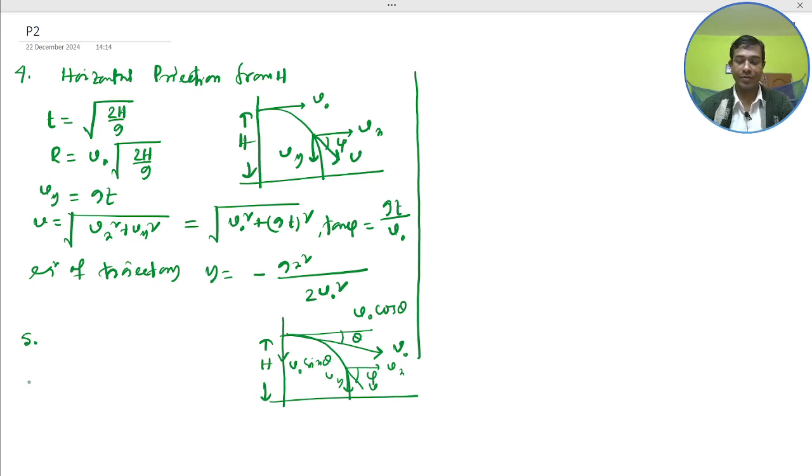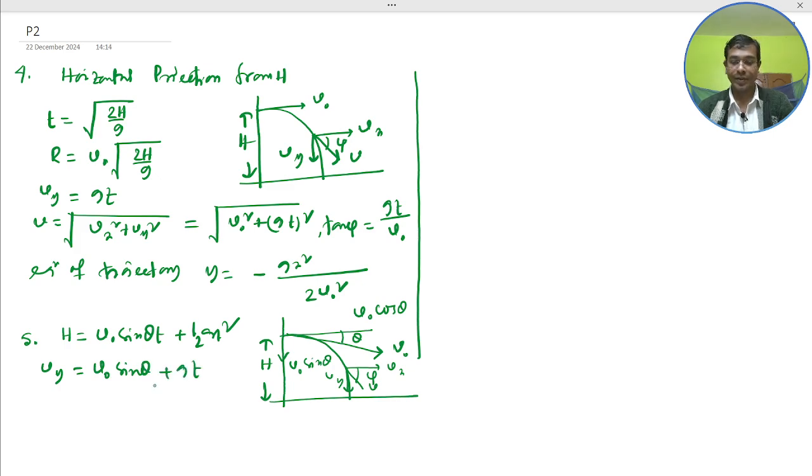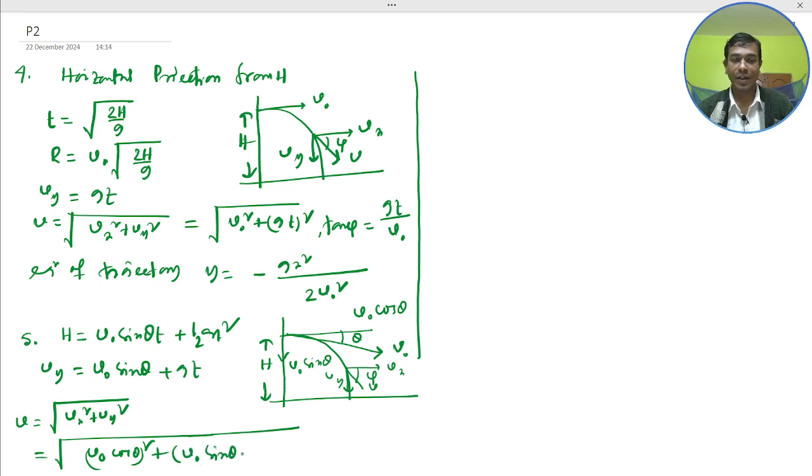So here the equation of motion, h is equal to v naught sin theta t plus half gt square. Vy after time t seconds is v naught sin theta plus gt, and the resultant speed is the root of vx square plus vy square, you just put these values, where vx is v naught cos theta, plus vy, which is v naught sin theta plus gt.